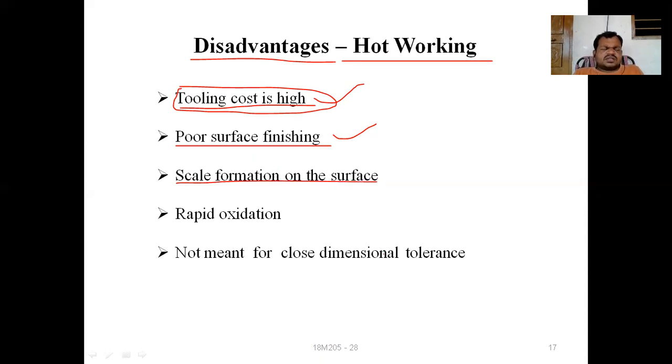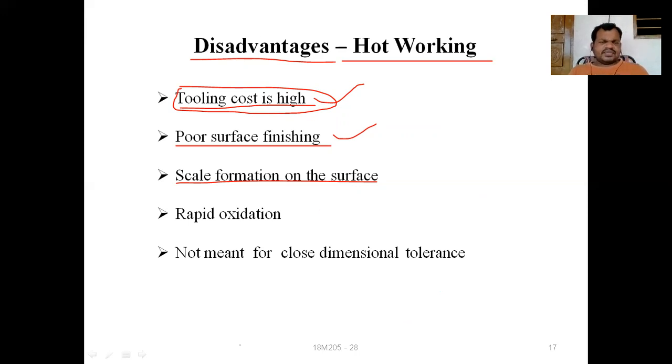Scale will be formed on the surface of the object due to hot working. It means high temperature. Due to high temperature, scale will be formed on an object, and due to that scaling, we cannot get a good surface finish of the object when compared to cold work.